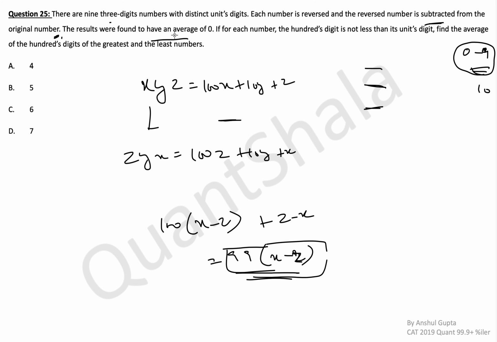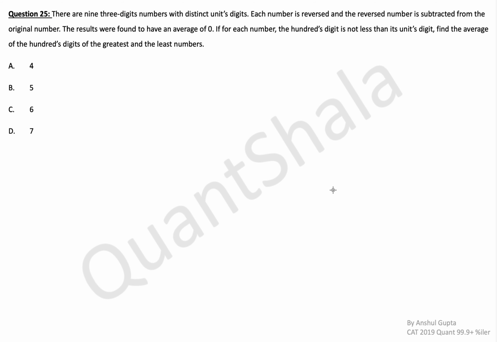The results are found to have an average of 0. So when you add this over all the 9 numbers, you get a result of 0. So 99 into x minus z. For the first number, let's say it had the digits x1 and z1. Second number had x2 and z2.